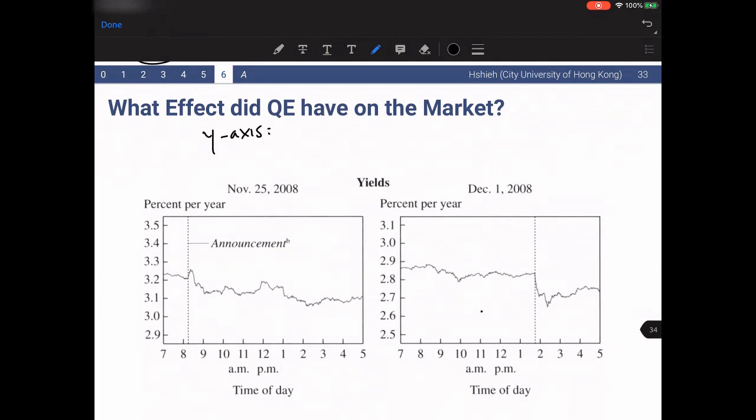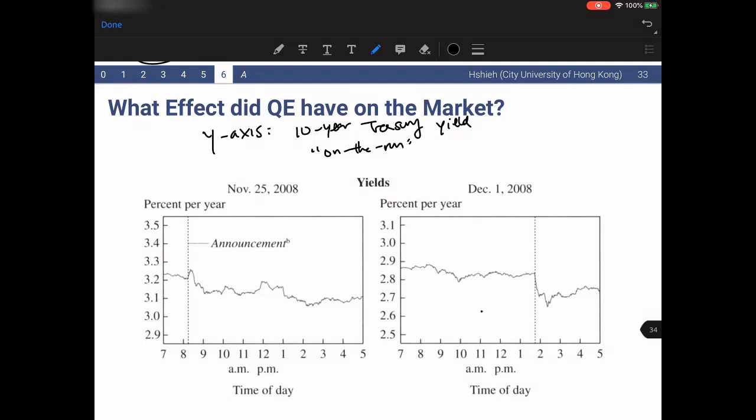On the run indicates that we are looking at the most recently issued 10-year treasury.